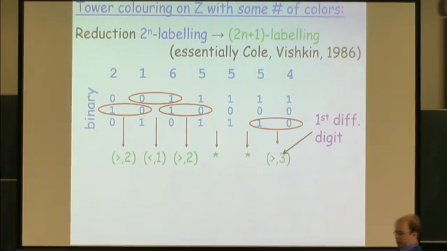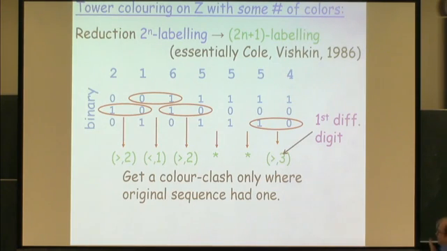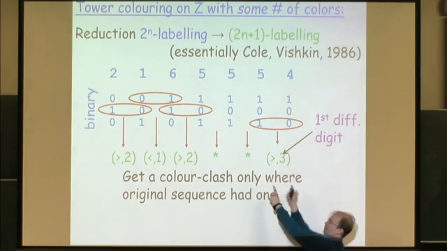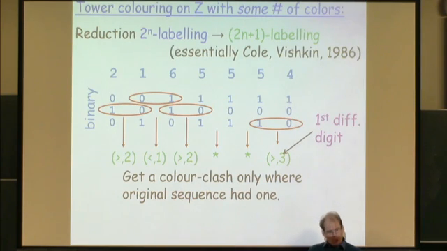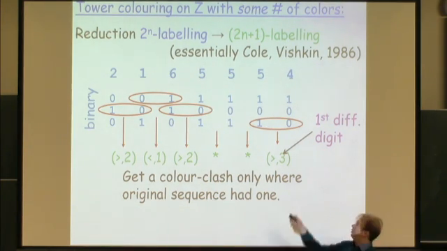And the point is, I'm trying to produce a proper colouring, so I want adjacent labels to be different. Now, the only way I can get 2 the same on the bottom level is if 2 were the same on the top level, just above it.